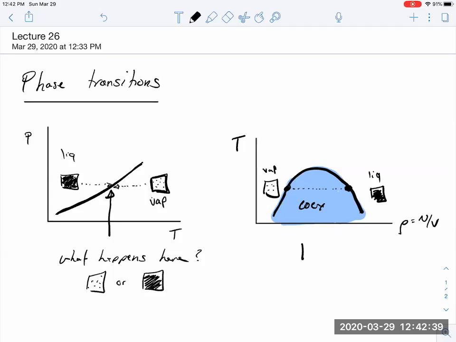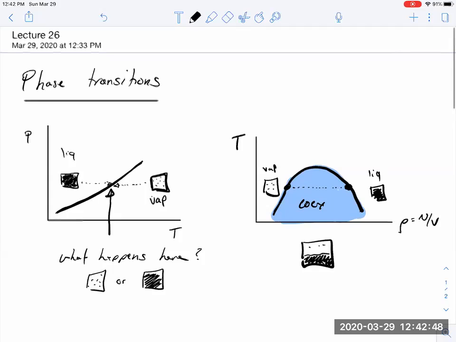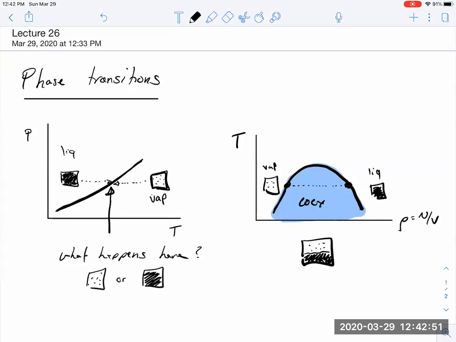If we were to draw a picture, there would be some amount of liquid and some amount of vapor, and an interface separating the two. That interface would be flat, because that would be the lowest free energy state, since, as we discussed last lecture, forming an interface is free energetically unfavorable. So a system will want to minimize the surface area of that interface, which in a macroscopic container means forming a flat interface.